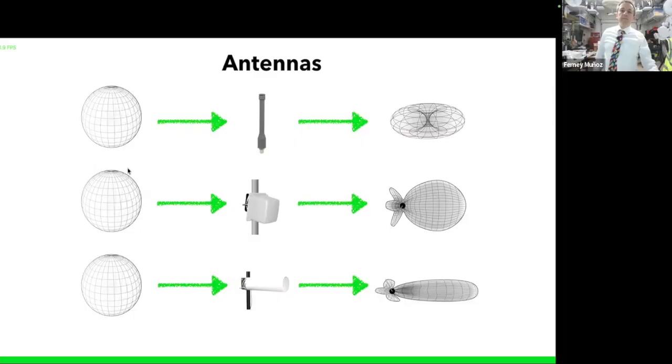Then there are some semi-directional antennas that, instead of covering 360 degrees, are going to cover just, let's say, 90 degrees or 120 degrees or 30 degrees. And then they are focusing the energy in a more specific place. Not just everywhere, just in a specific place. And then there are the highly directional antennas, kind of like the plate I have over there.